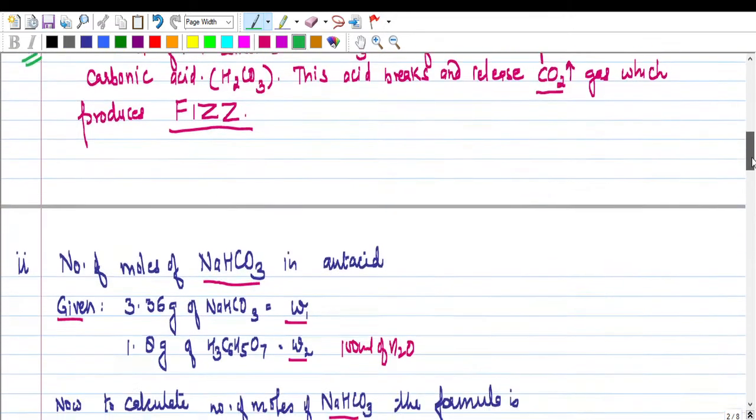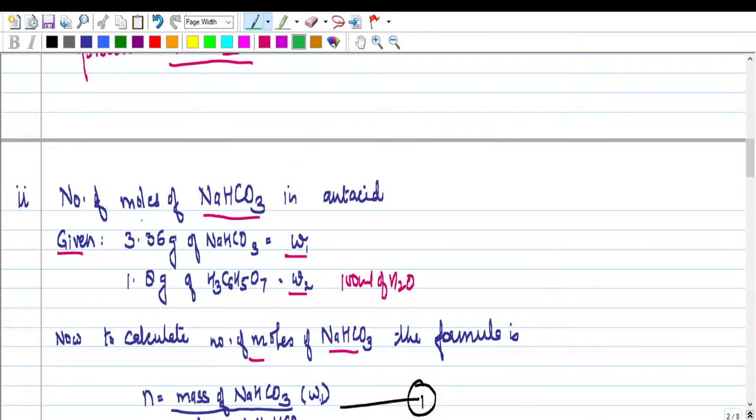Now the next question is you have to calculate how many moles of sodium bicarbonate are there. So in the question, what is given? The question says 3.36 grams of sodium bicarbonate and 1.8 grams of H3C6H5O7 or citric acid is there, which is dissolved in 100 ml of water.